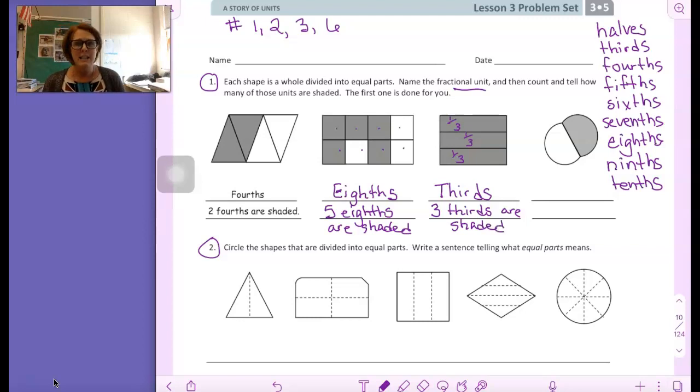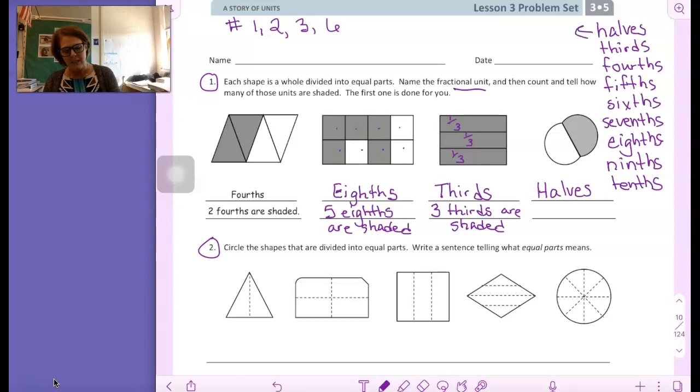Now take a look at the last one. This is different. It's not like a square or a rectangle or a regular circle, but those parts are equal. So we can still consider it a fractional unit because the parts are equal. So since there's 2, we don't say tooths, we say halves. So this is halves.